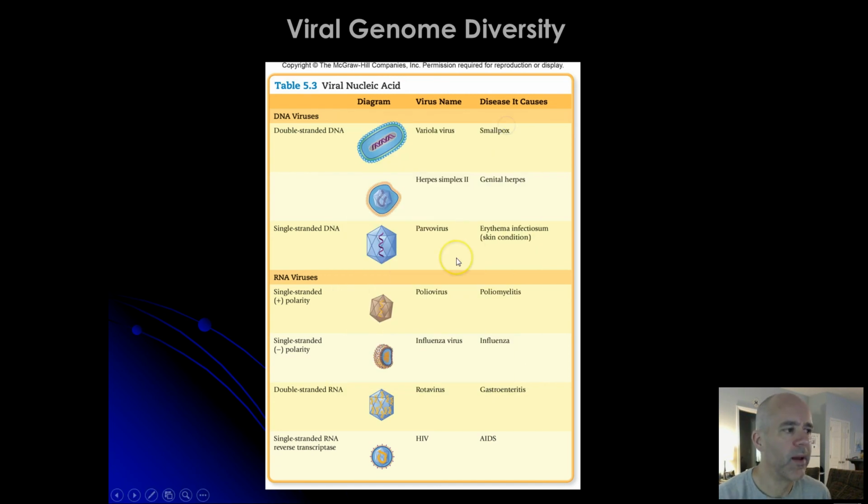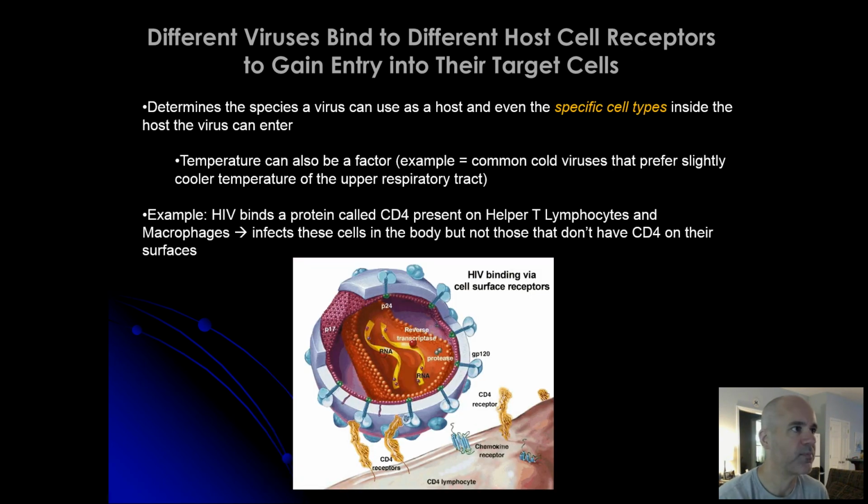You've actually got to make a complementary copy of that RNA, and that complementary copy will be a messenger RNA that can be translated to make viral proteins. We'll be talking more about that shortly, though.